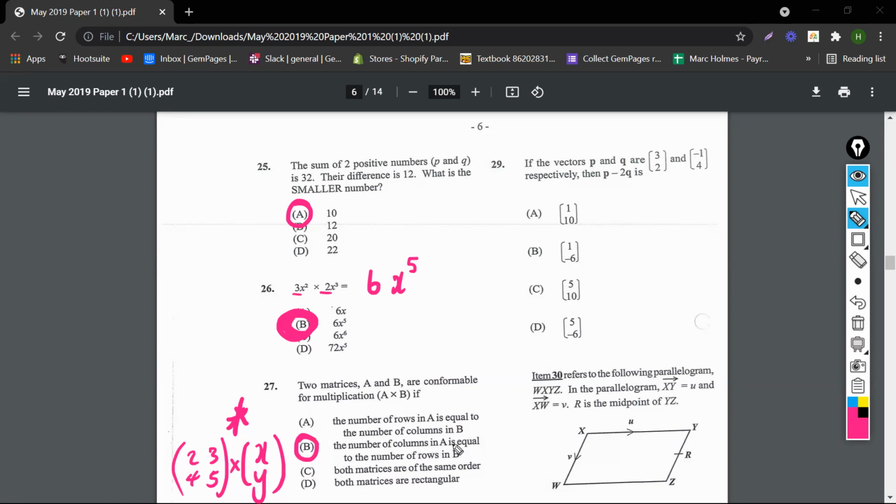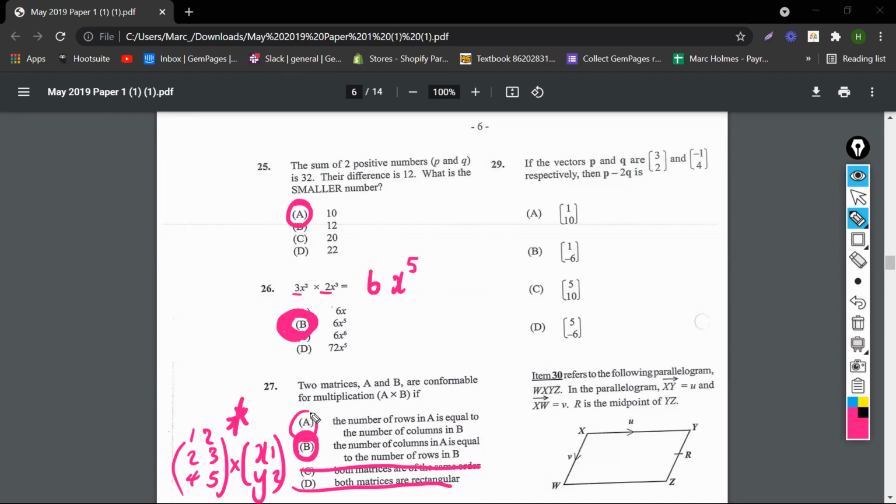The number of columns in the first matrix, 1, 2, has to be equal to the number of rows in the second, which is 1, 2. So it has to be B. The number of columns in the first matrix must be equal to the number of rows in the second matrix. C is not right. D is not right either.